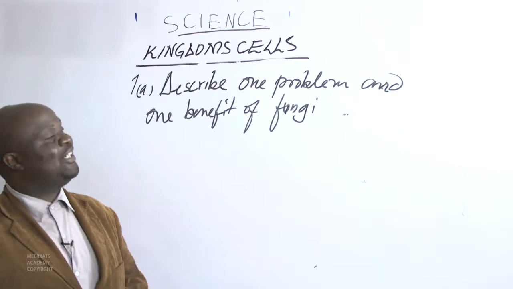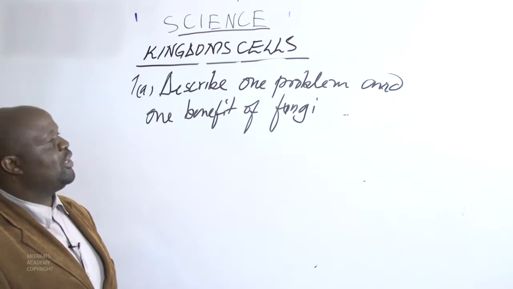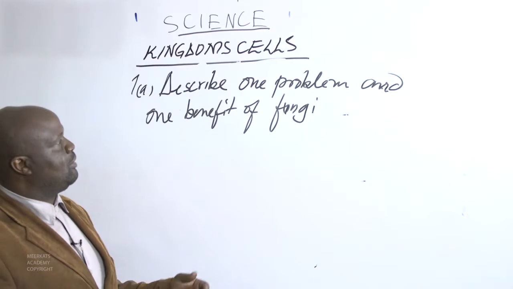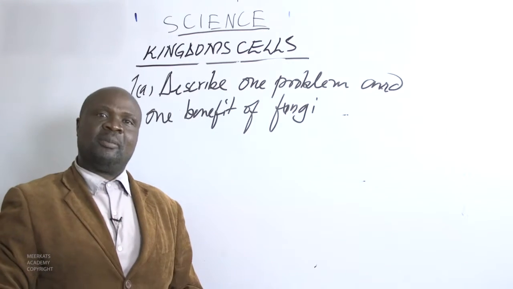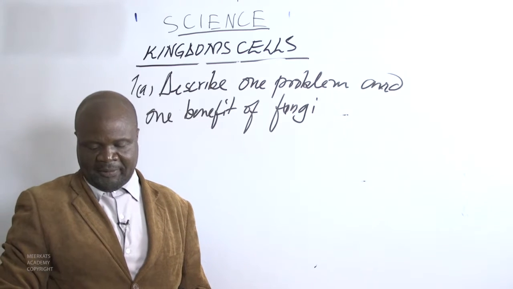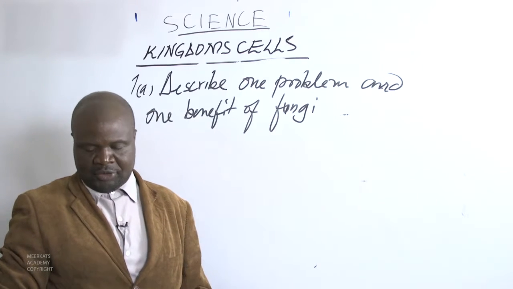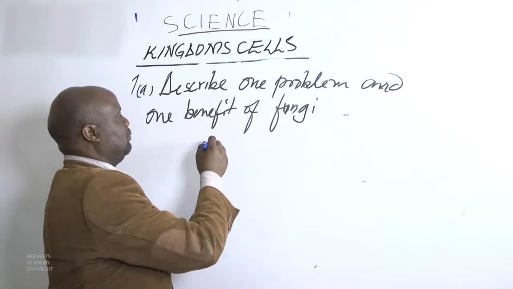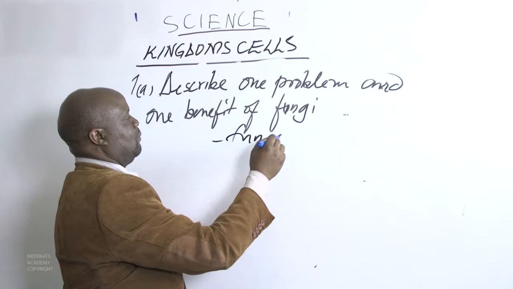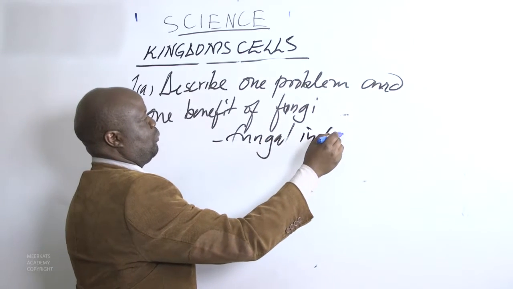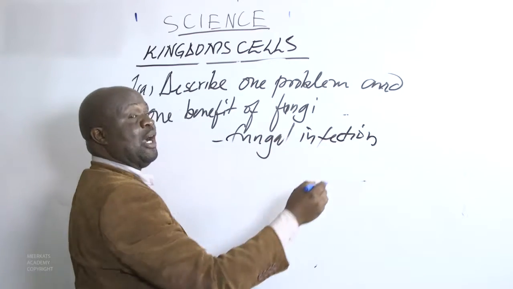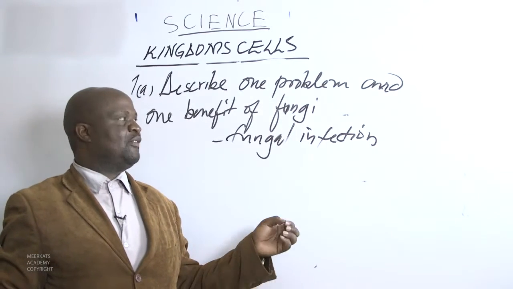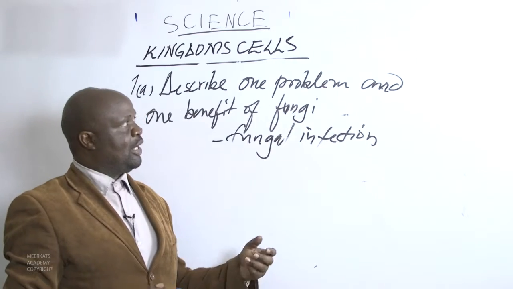To approach such a question, because they just want one problem, any one problem that you are able to mention will be okay. What is a major problem caused by fungi? Fungi cause diseases. We have what we call fungal infections. When people have fungal infections, they have to attend hospitals and be given medicine so that they are treated. So that can be a problem.